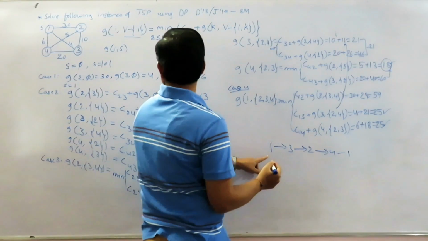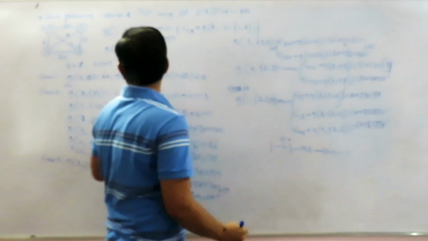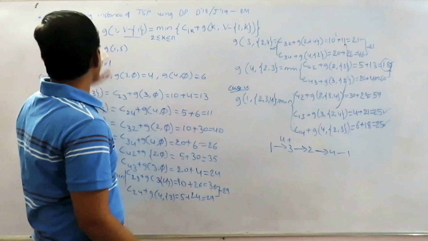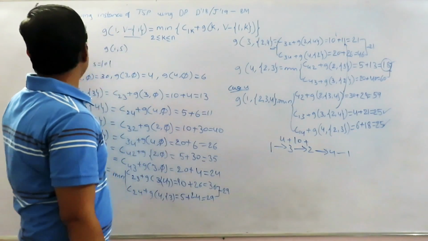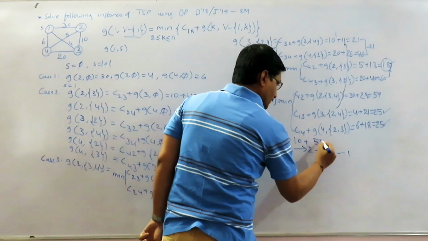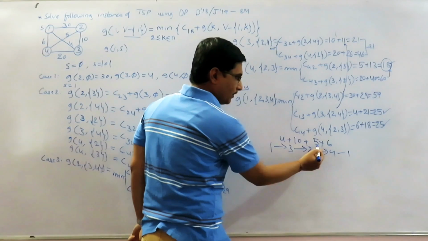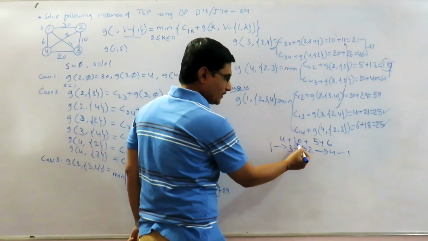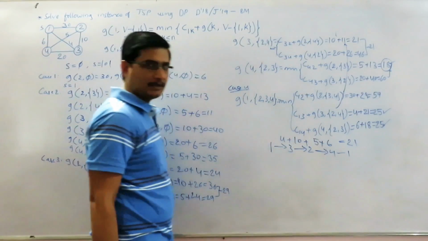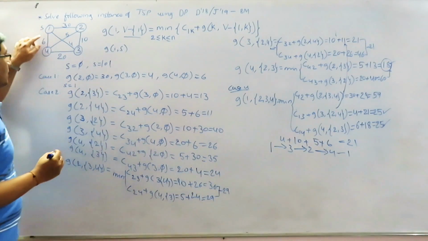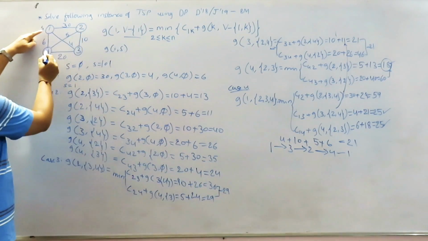So 1 to 3 distance is 4 plus 3 to 2 is 10 plus 2 to 4 is 5, 4 to 1 is 6. That is 6 plus 5 is 11, 11 plus 10 is 21, 21 plus 4 is 25. This is one path the traveling salesman can follow. That is 1 to 3, 3 to 2, 2 to 4, 4 to 1.